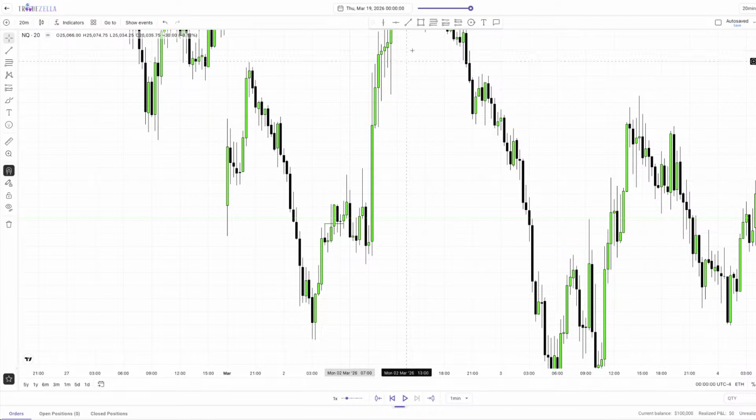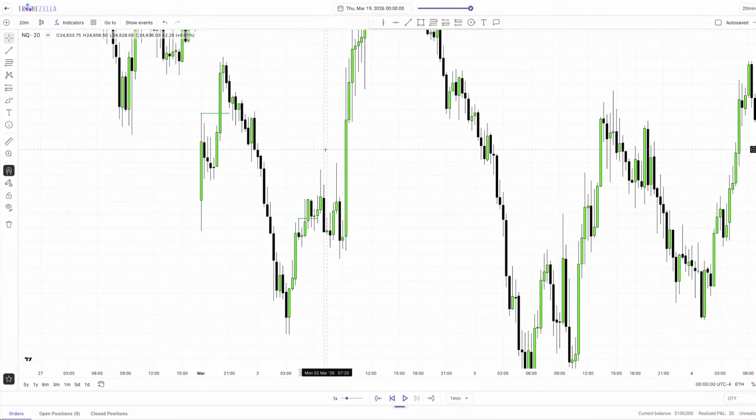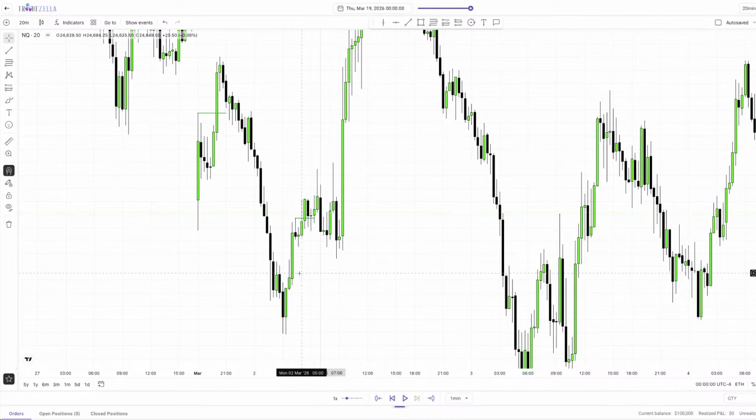then the next one would be, what would be the next one? Here we have a displacement of this one. This is an IPTA high. Yes, this is only one displacement.